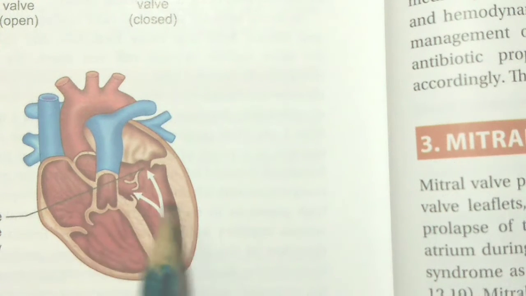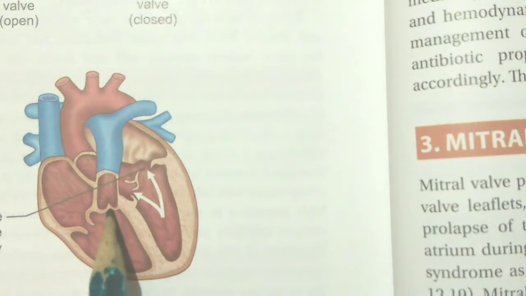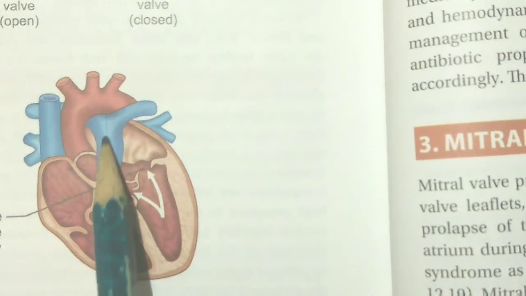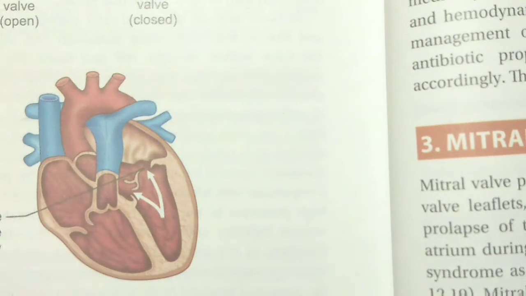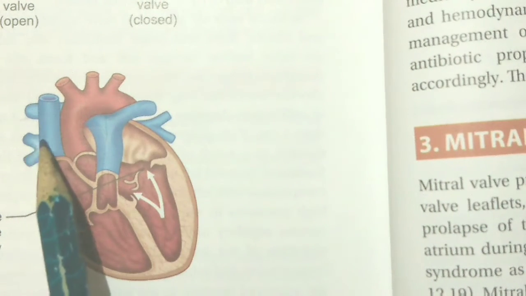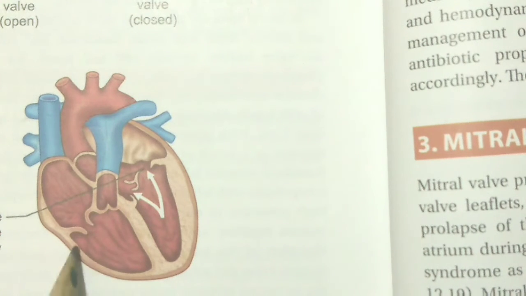These are the four chambers of the heart, and this one is the tricuspid valve of the heart, and this one is the bicuspid valve of the heart, and this is the pulmonary artery, and these are the pulmonary veins. And this is the superior and inferior vena cava. Here is the inferior vena cava.